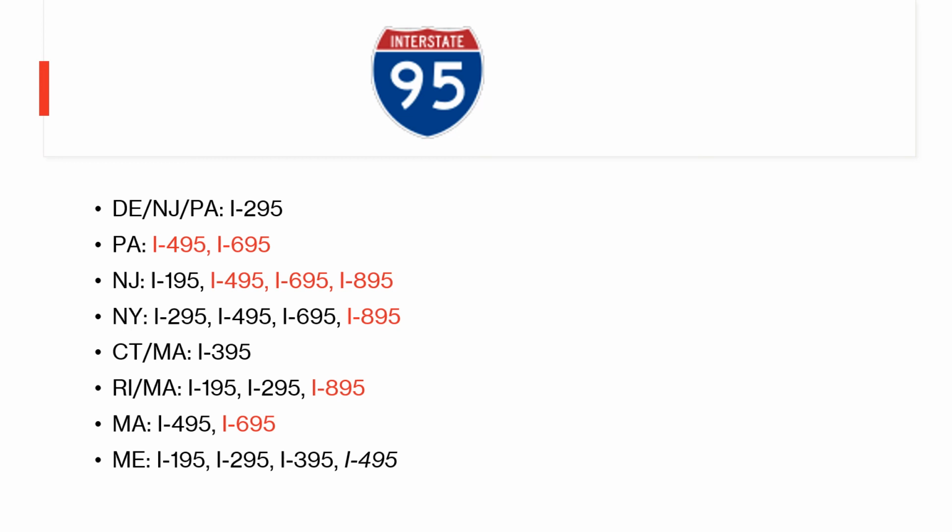And then 695, 895 were planned but canceled. New York, 895 is a former interstate in New York City. Rhode Island, Massachusetts, 895 was supposed to cover the eastern and southern beltway of Providence, Rhode Island. Massachusetts, 695 was supposed to go in the Boston area.